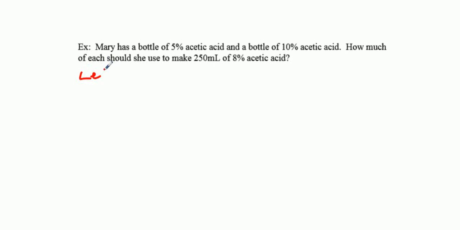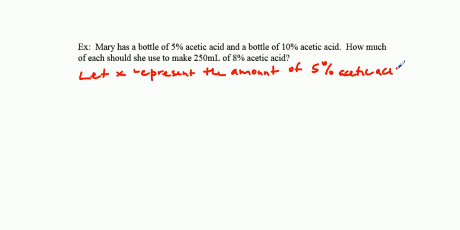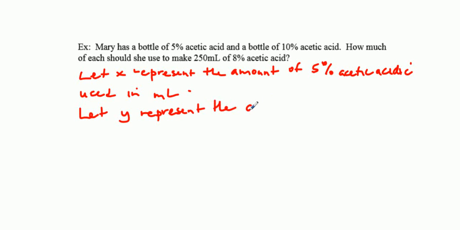So we're going to say let X represent the amount of 5% acetic acid used in mils, because we want to get to 250 mils. And we're going to let Y represent the amount of 10% acetic acid used in mils.